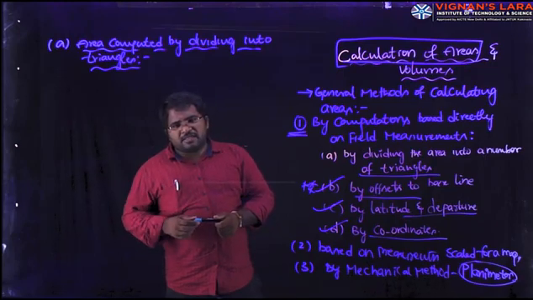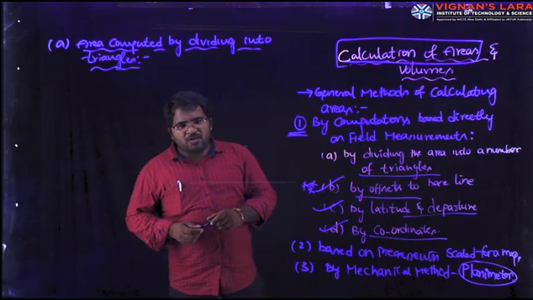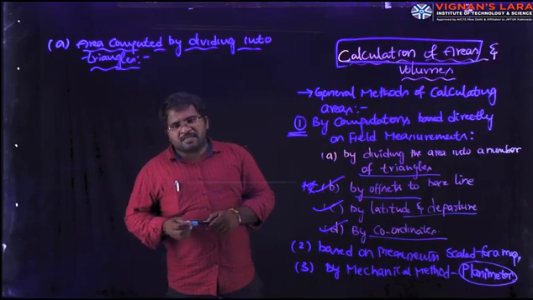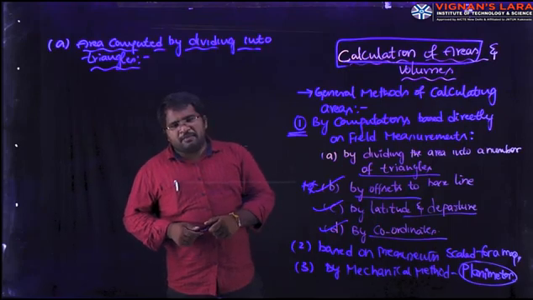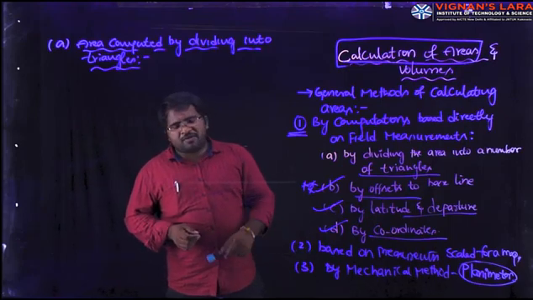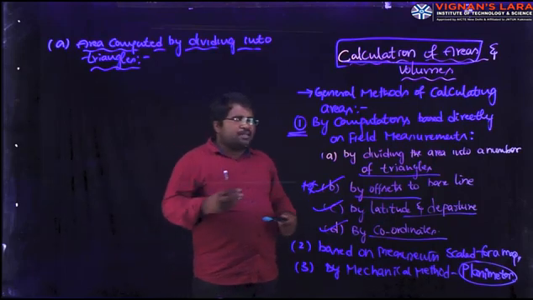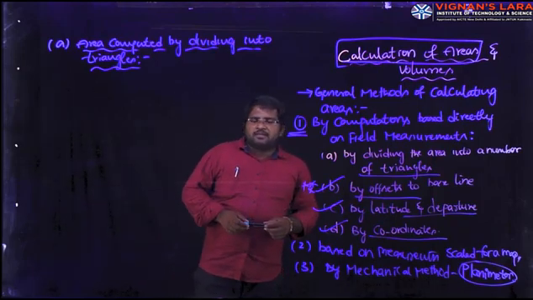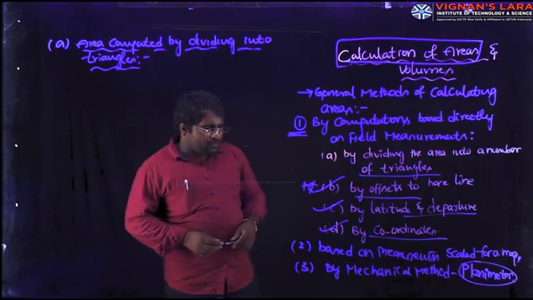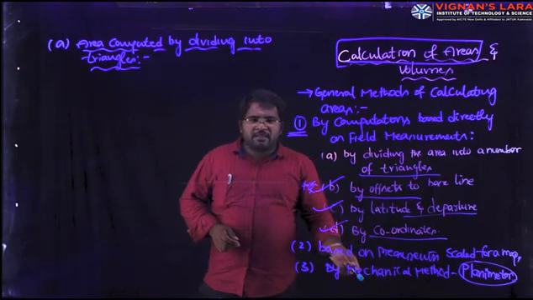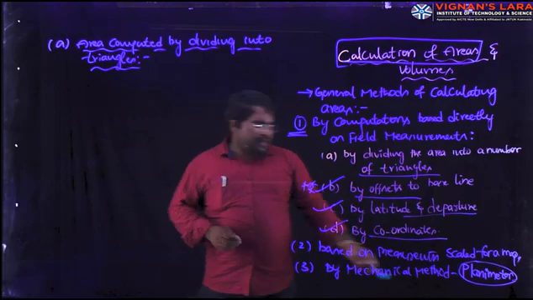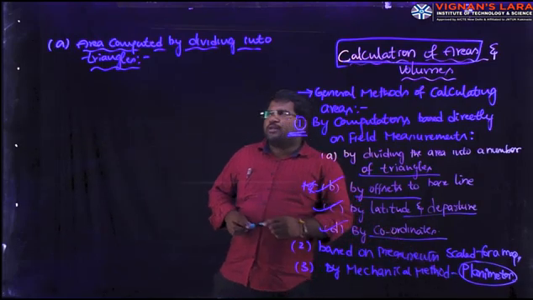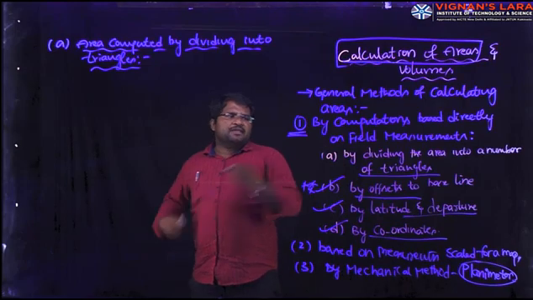Finally we use the coordinate system x, y, z for each and every border point to measure the area. The second is computation of area based on measurements on the map. The third is the mechanical method, where we use an instrument called a planimeter.